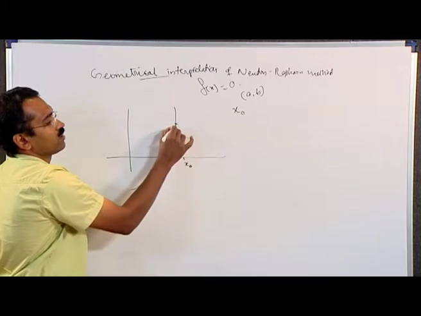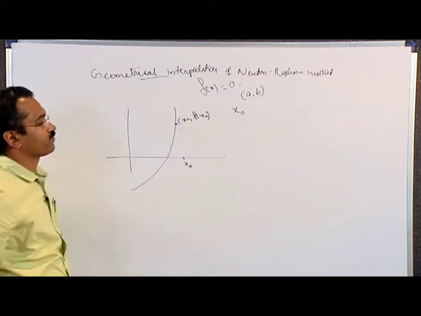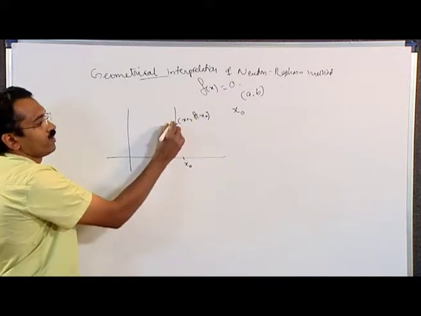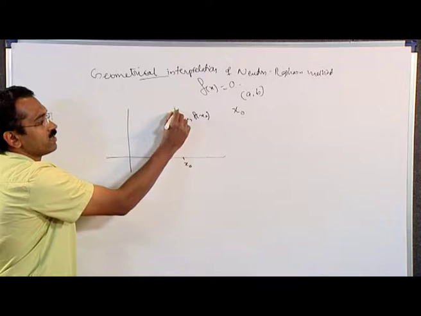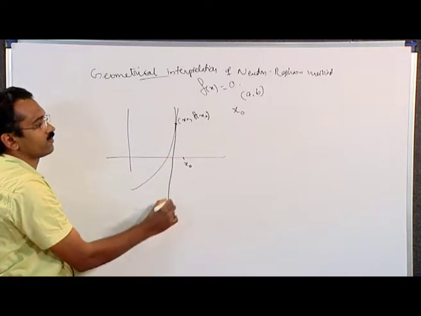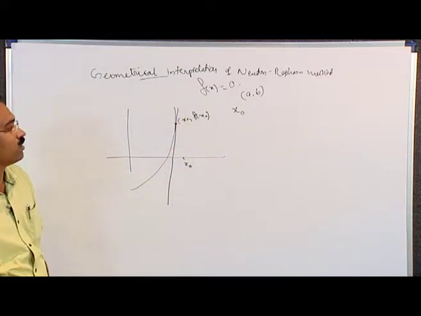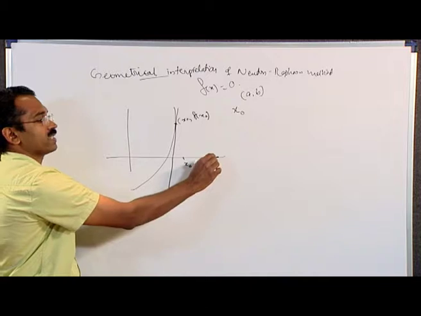Then we can mark the point x naught, f of x naught. We draw the tangent at the point x naught, f of x naught, which will meet the x axis.